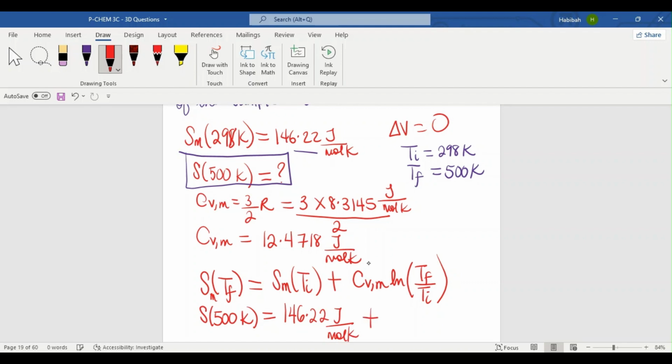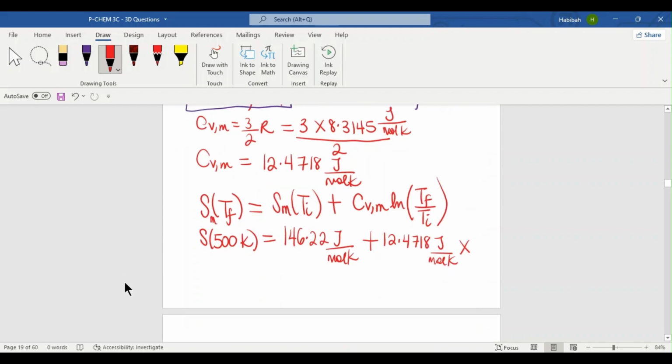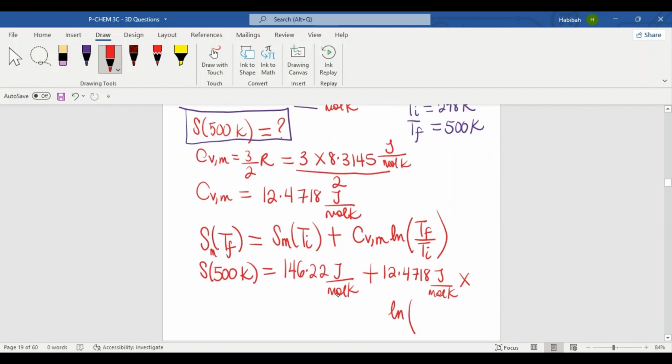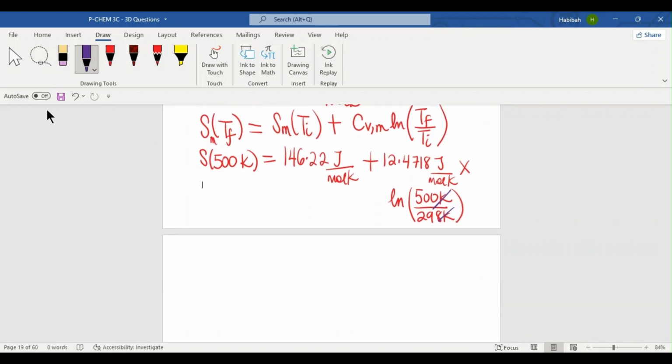All of that plus C V, comma m, so that would be 12.4718 joule per mole Kelvin, times ln T final divided by T initial. T final will be 500 Kelvins divided by 298 Kelvins. So that's basically how it's done. You cancel Kelvin here, you cancel Kelvin here, and then we just continue our work.